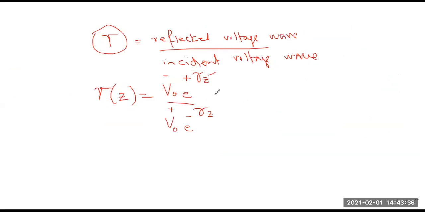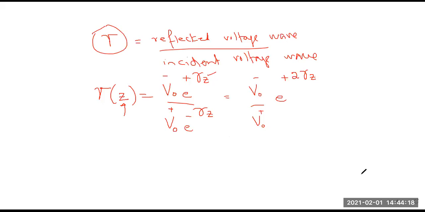If I simplify this further, you get V naught minus divided by V naught plus, and I can bring this e power minus gamma z to the numerator, so it becomes e power plus 2 gamma z. This is the general representation of the voltage reflection coefficient as a function of z.